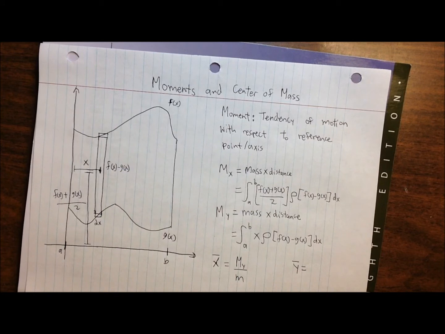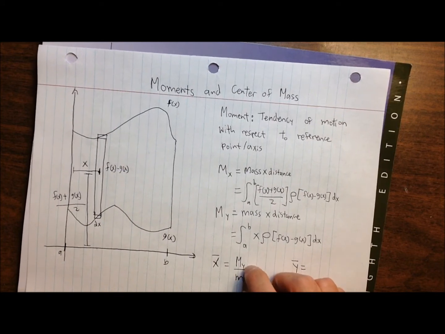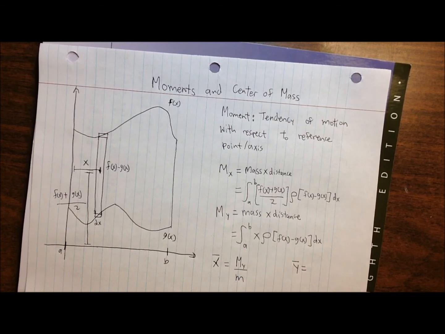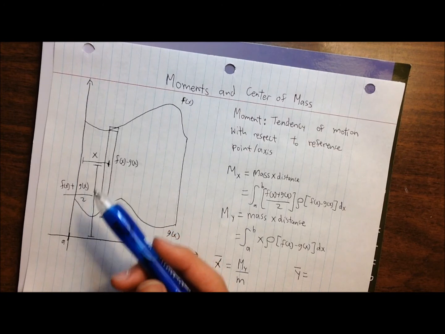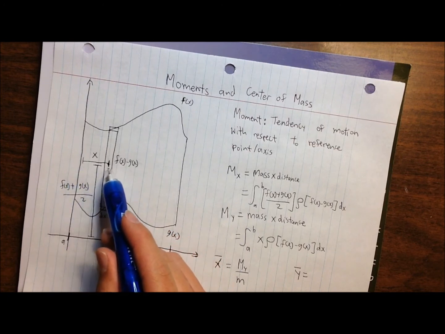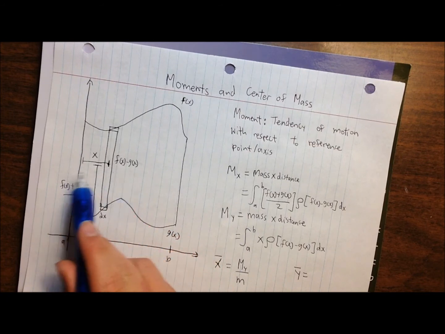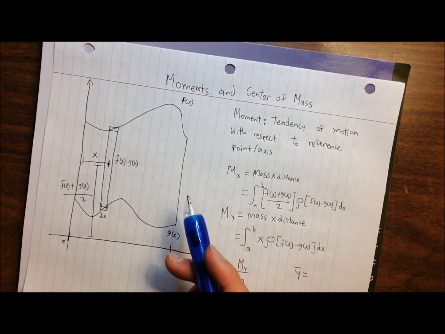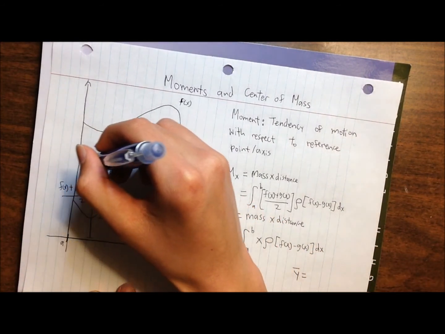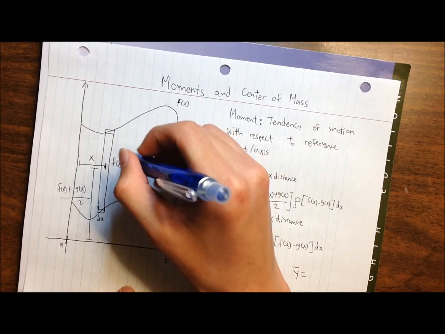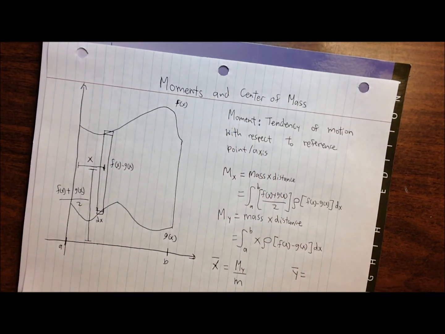The reason we divide is because we have to look back at how we got the moments. We got the moments about the y-axis by taking the distance this way, which is an x value. So when we divide our moments by our mass, we get a horizontal distance. That's where our x-coordinate lies.